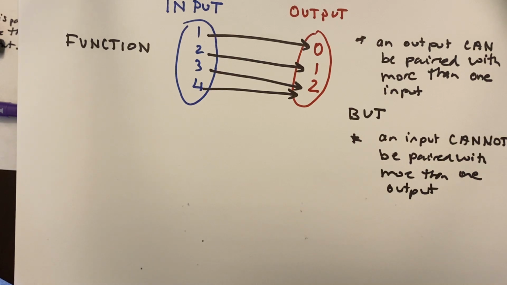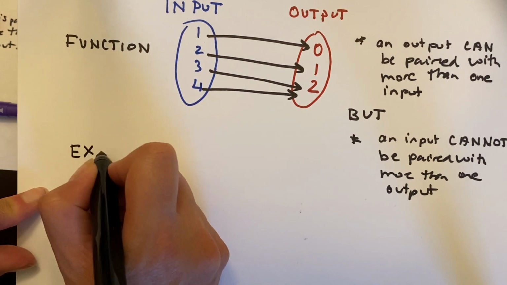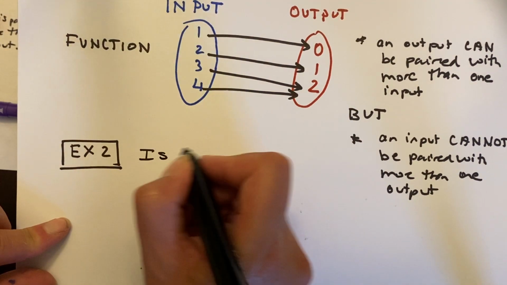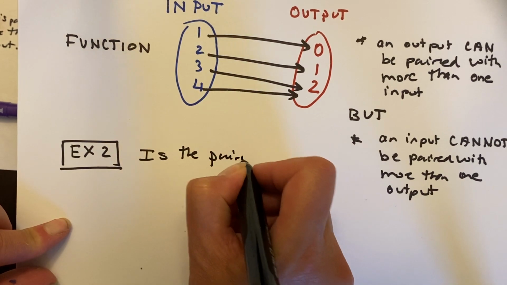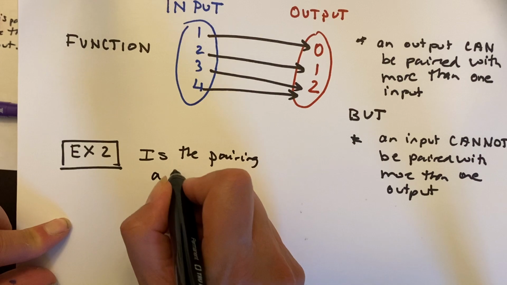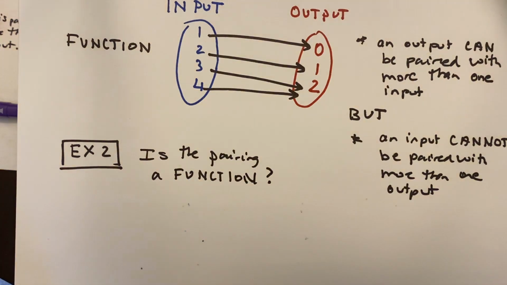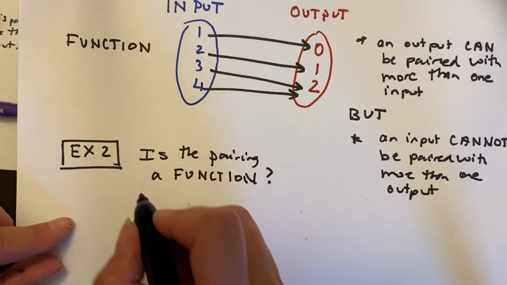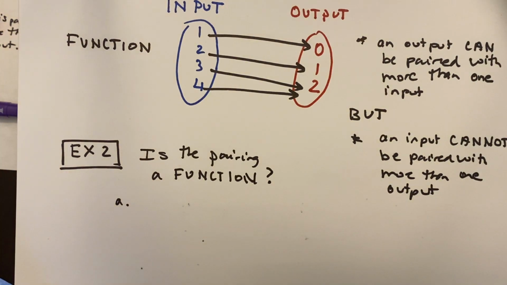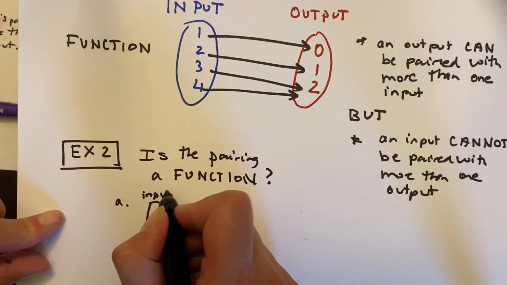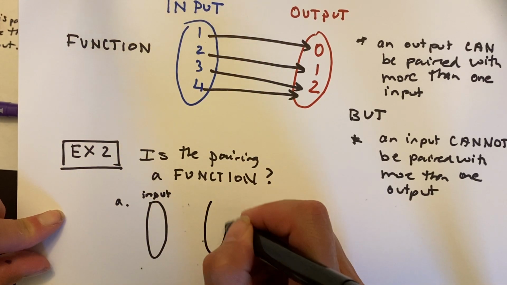Okay, so let's look at example 2. Tell whether the pairing is a function. Part A has this little mapping diagram where you have an input and you've got an output.